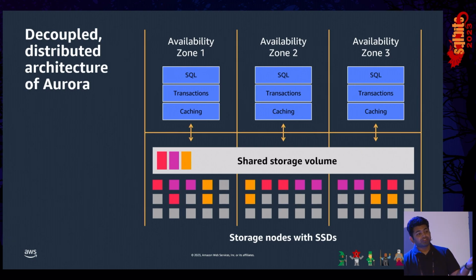So you have extremely high durability and availability of your data. That's the storage layer. On top of it, if you need multiple compute, which means one writer and multiple readers, depending on the way you want to scale your application, you can pretty much do that. That gives customers the flexibility to scale their applications the way they need.